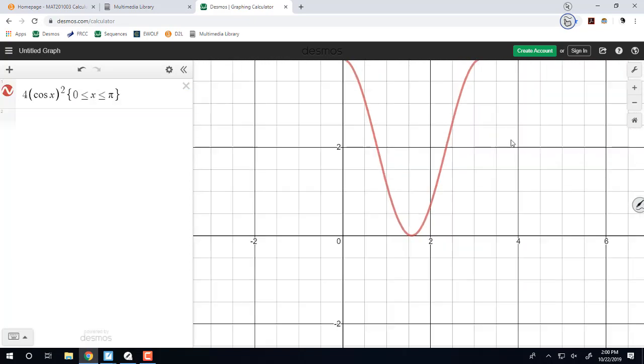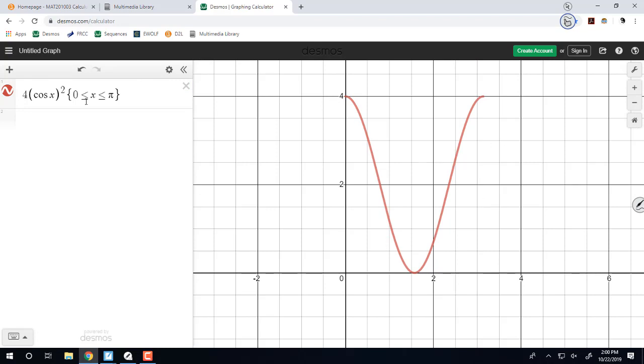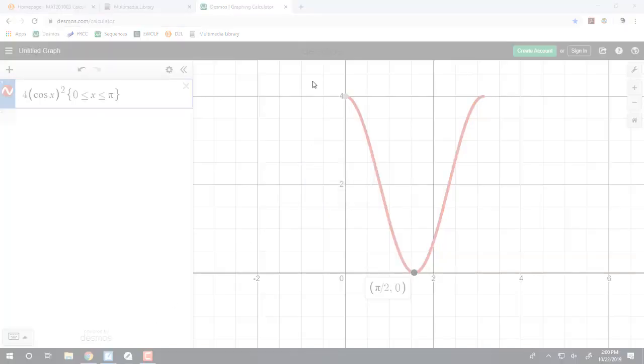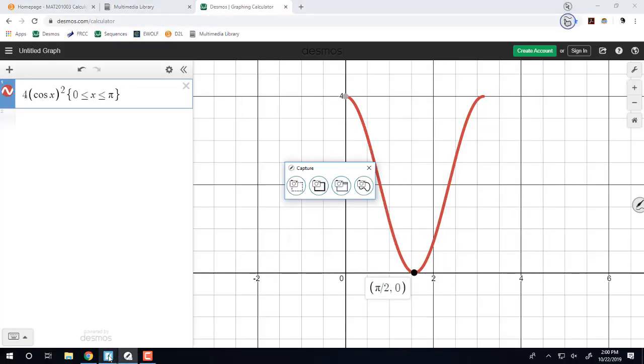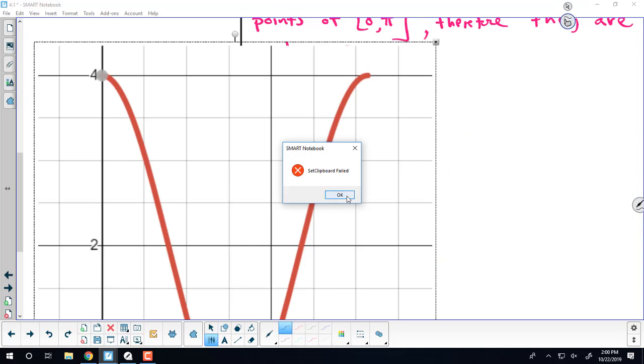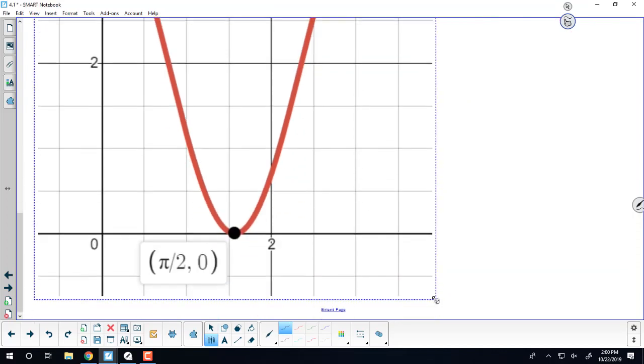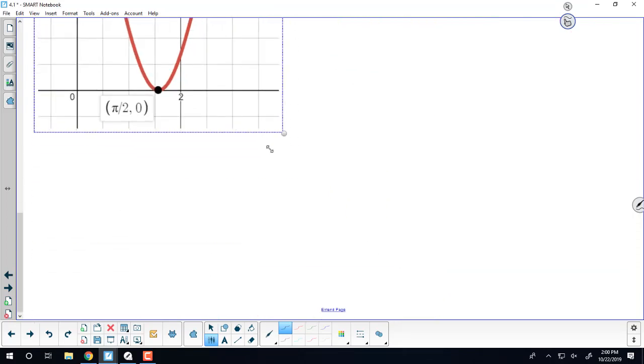So there's 4 cosine squared from 0 to pi, and we came up with the pi over 2 value. In this case, it does happen to correspond to a local extreme. But sadly, as we'll see in 4.3, finding the critical point is just half the problem.